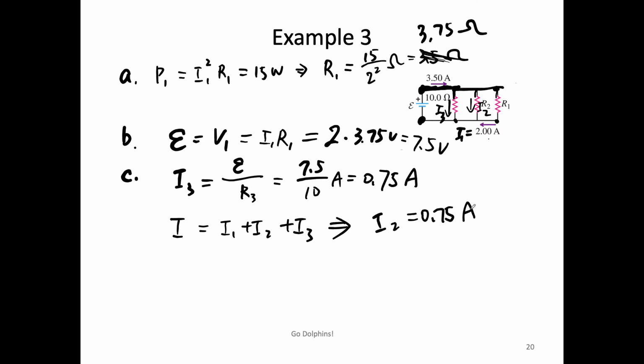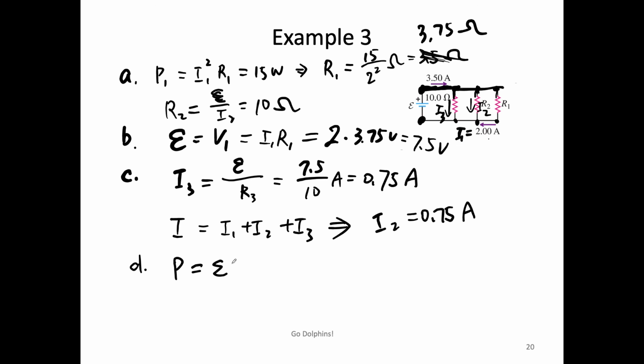Okay, now good. I found I2 and I know epsilon, which is the potential over R2. I'm ready to find out what is R2 now. R2 is epsilon over I2, which is also 10 ohms. Okay, last question. What is the power of the battery?